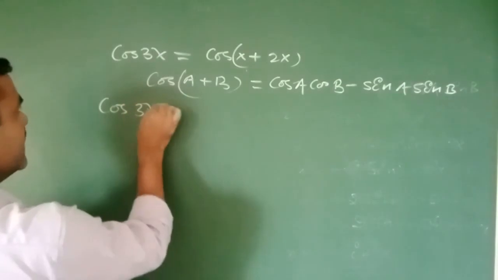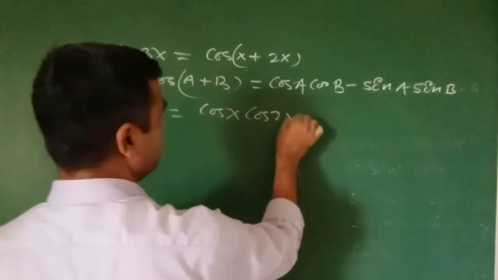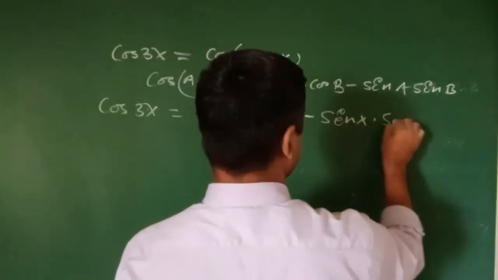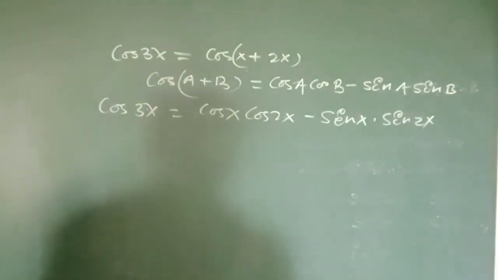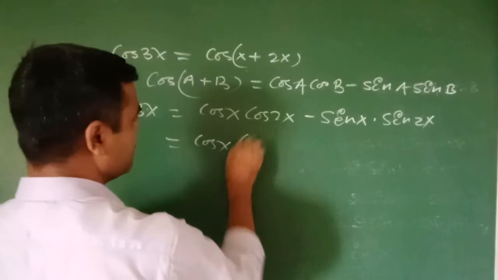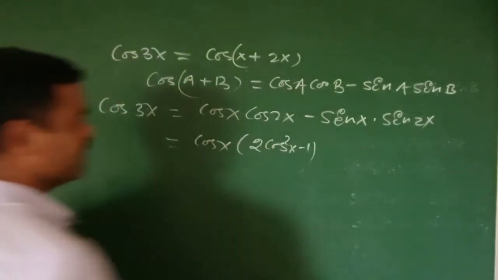Cos 3x is equal to cos x cos 2x minus sin x into sin 2x. So see here cos x, and this cos 2x is equal to 2 cos square x minus 1.